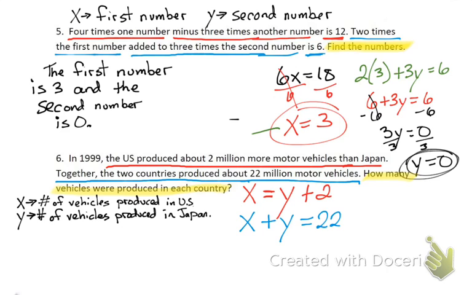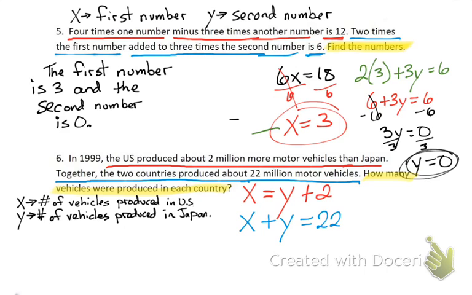Now, you might notice, and if you're following along with Mr. Musselwest's class here, in the last section we talked about substitution. And in this problem, this would be a real easy one to substitute because you already have x equal to something. You could plug that right in there. But that's not what we're doing in this section. We're using elimination.